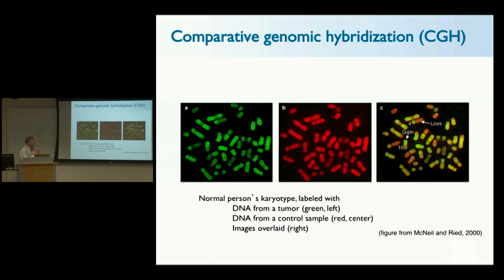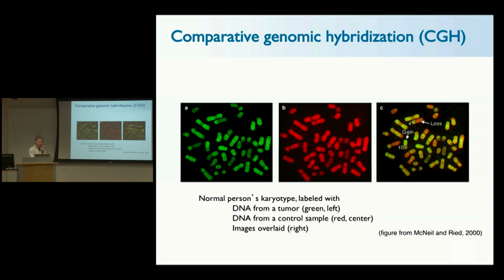The next technology that really drove the field forward was comparative genomic hybridization, where we figured out that we could stain chromosomes. We could hybridize DNA to chromosomes as a template, and we could stain the DNA, so we could tell an excess of DNA from a depletion of DNA by using two-color stains.